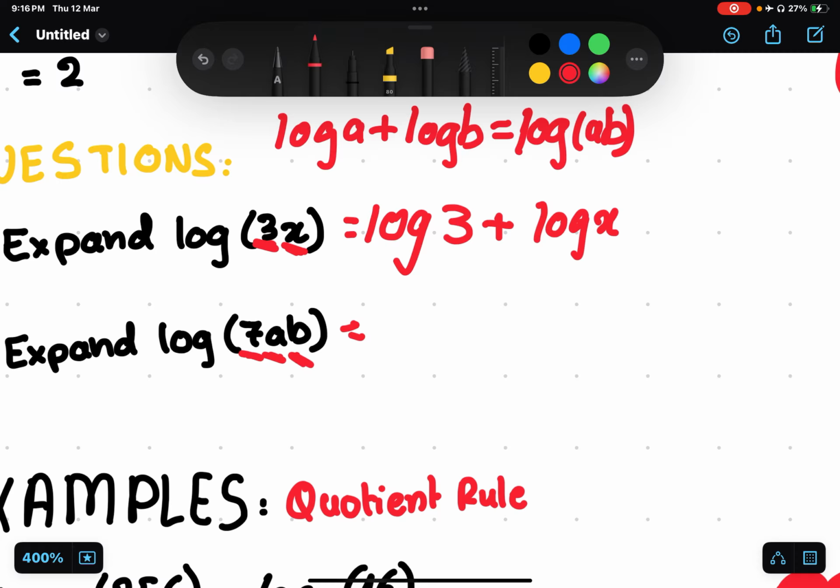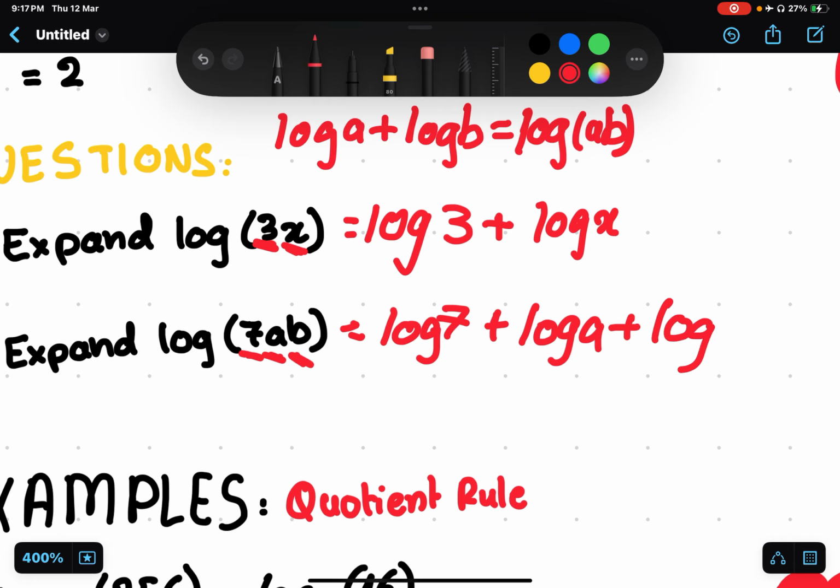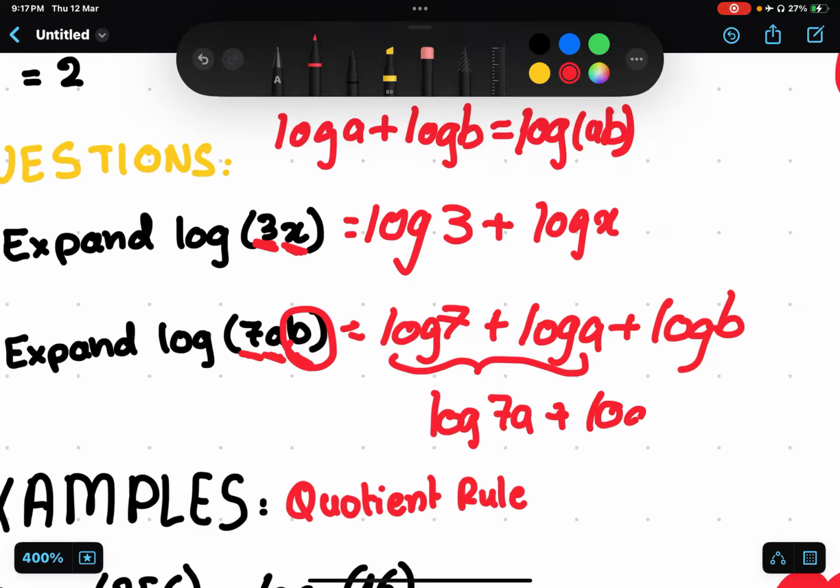So we get log 7 plus log a, because b becomes our a, and then log b. You know why this works? Because if you just combine these two, you get log 7a plus log b.